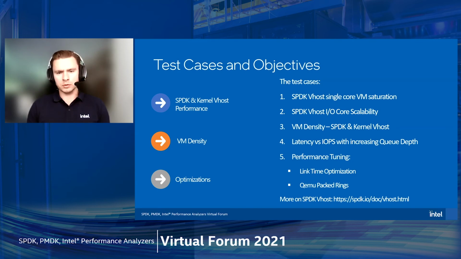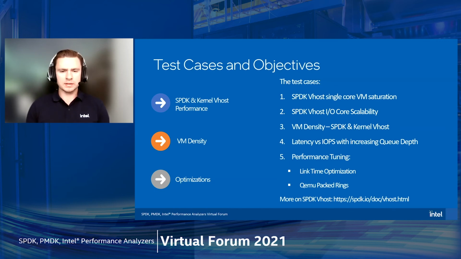Next is the IO core scalability. Again, very similar to scalability tests in local storage and storage over Ethernet, we increase the number of vhost process cores along with the number of VMs and see how the performance scales along the way.